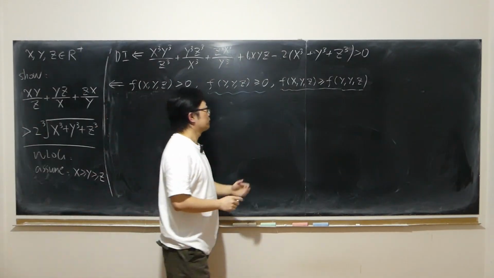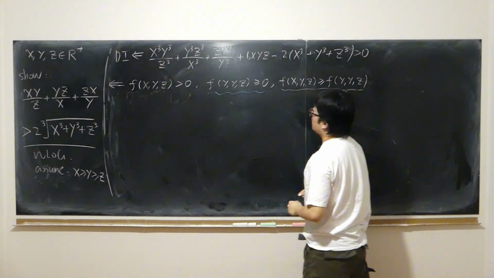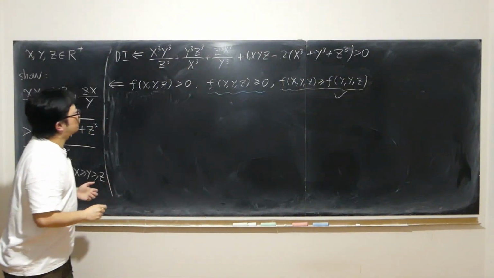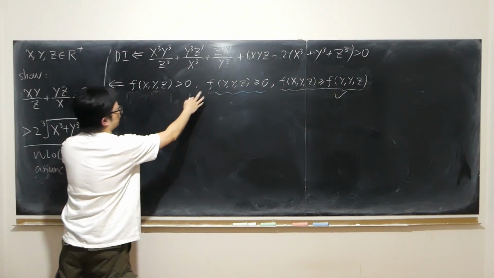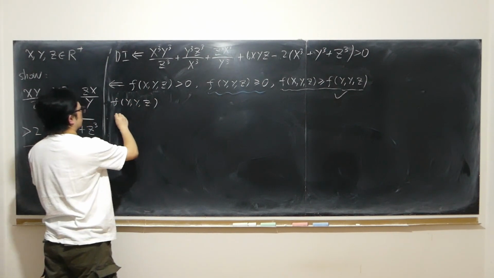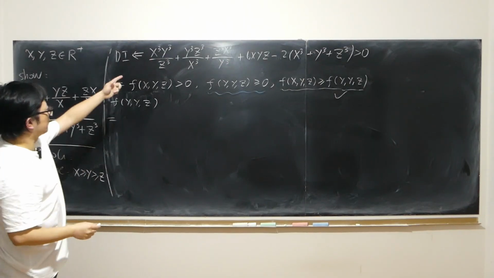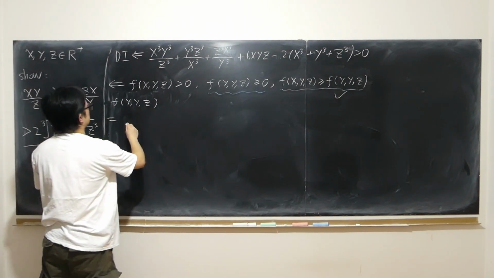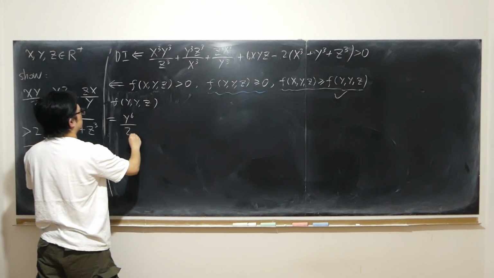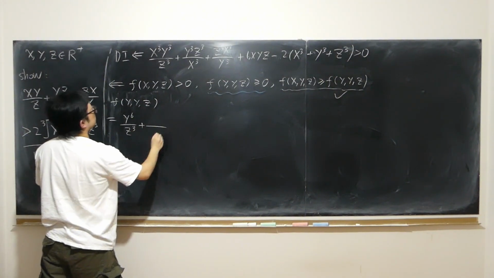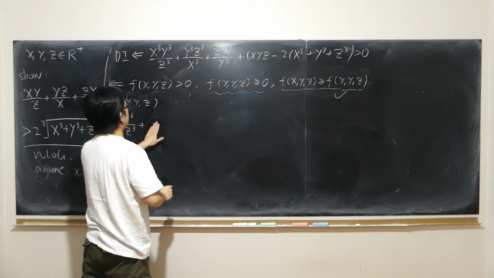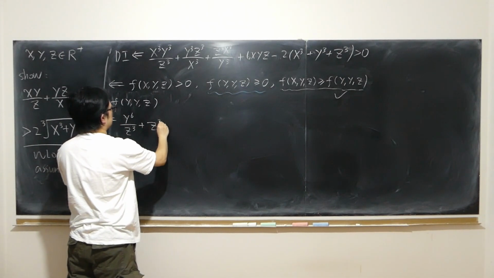So far we've shown that this part is true. So then all we have to show is this part, f(y,y,z). Since I've already erased everything, I'm just going to do it again. f(y,y,z) is equal, again, to replacing x with y wherever there is x. So we have y to the 6 over z cubed plus, x now becomes y, so we have z cubed.